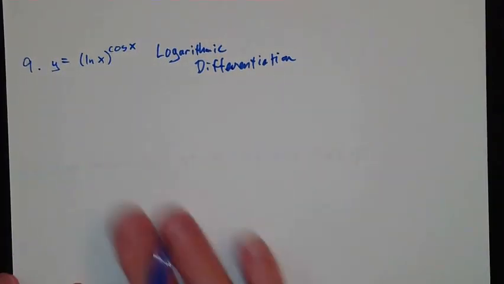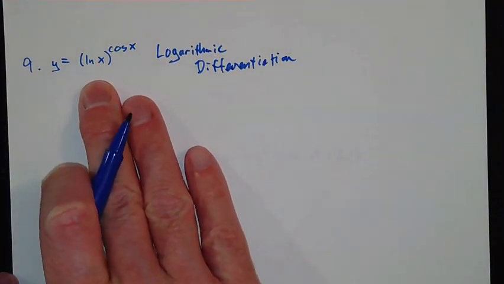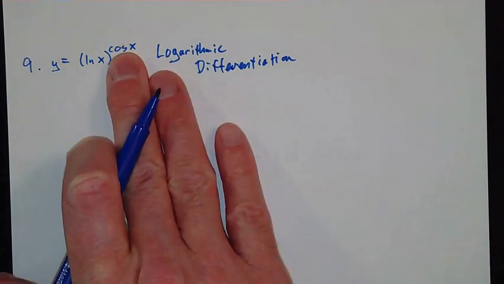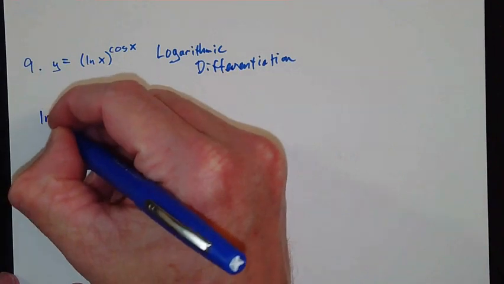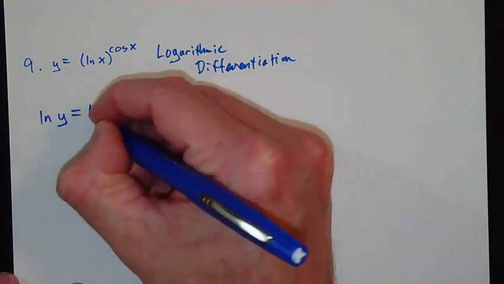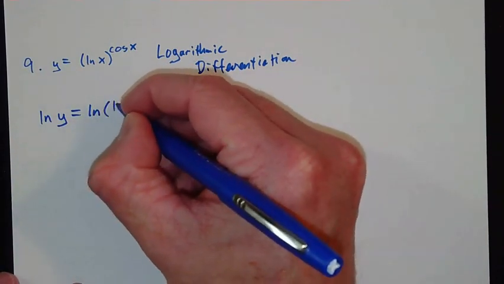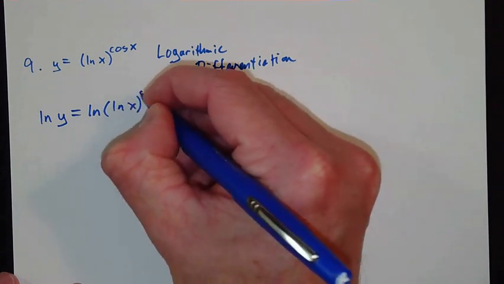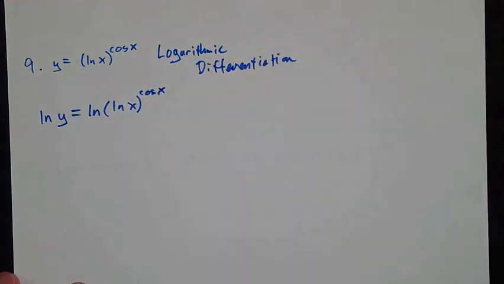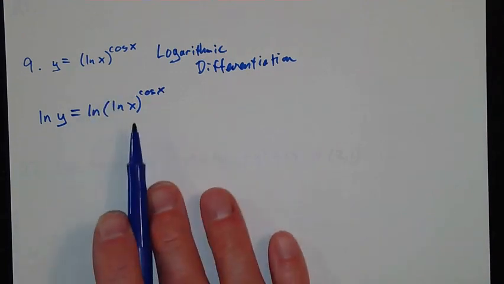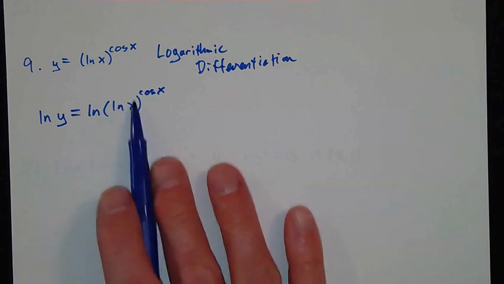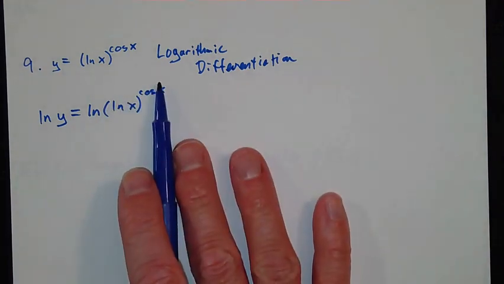That says, I don't know how to do the derivative of a function raised to the power of a function. So I'm going to apply the natural log to both sides. And I know this gives us something that's even more complicated, but now we can apply that property of logs that says log of something raised to a power.